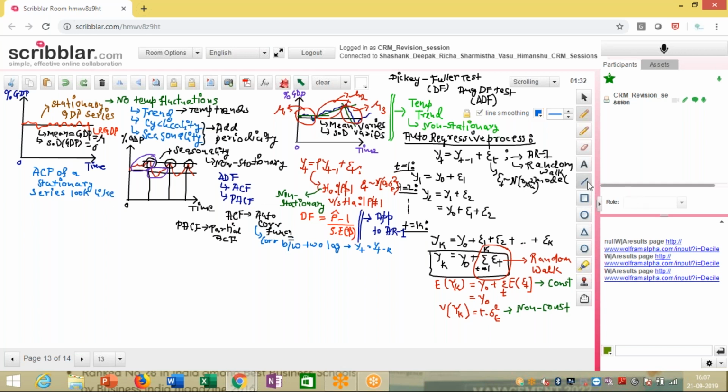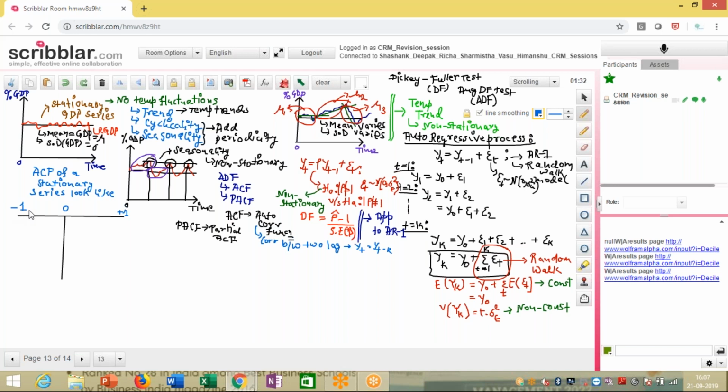So let's have a quick look. So this is 0, this is +1, so that's the highest value that a correlation coefficient can take, and this is -1.